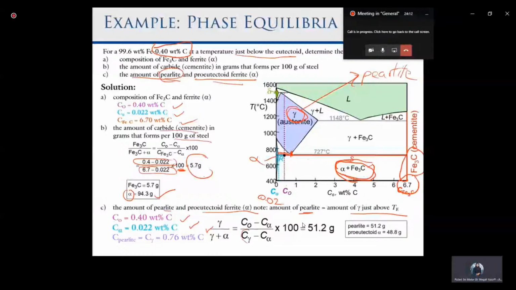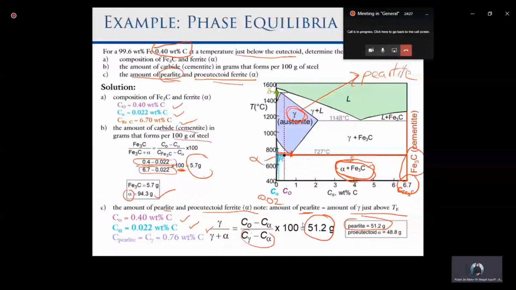The total length is from here to 0.76, so 0.76 minus 0.022. You will get 51.2 grams of pearlite. So this is how much pearlite you have.